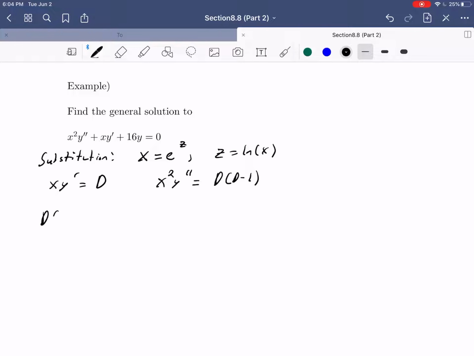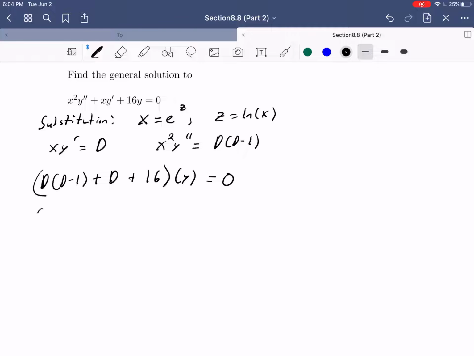So this is going to become D minus 1. This guy is just 1 xy, so it's just going to be 1D, so plus D plus 16 of y equals 0. A little bit of simplification, that's D squared minus D plus D, so that's just going to cancel out, plus 16 of y equals 0.